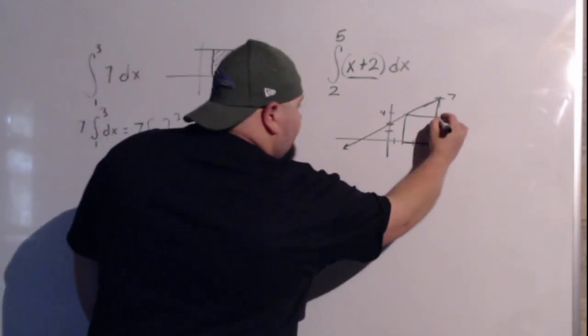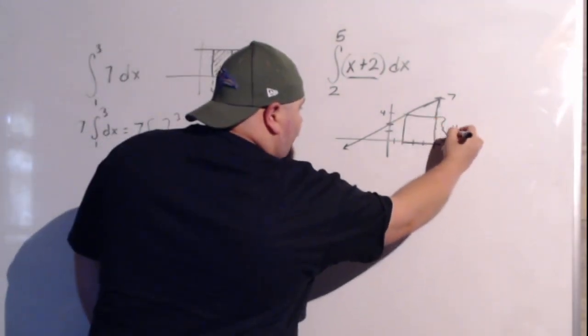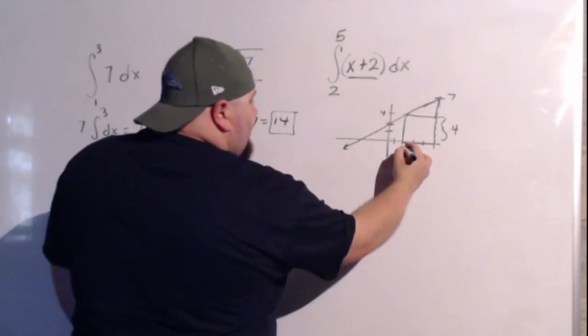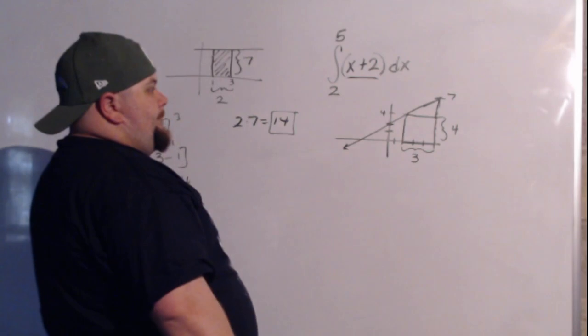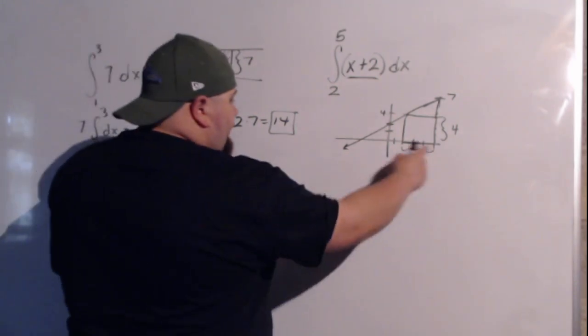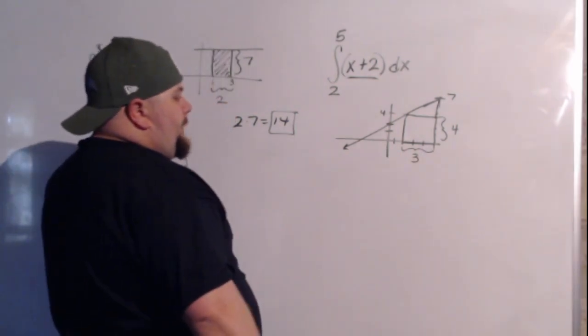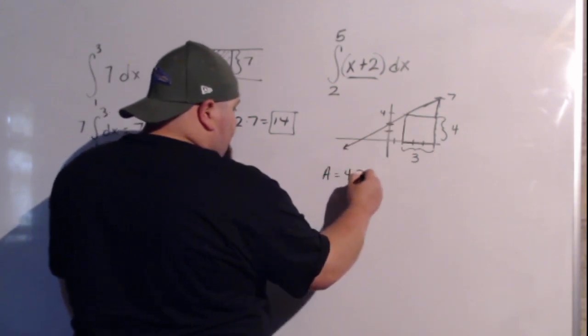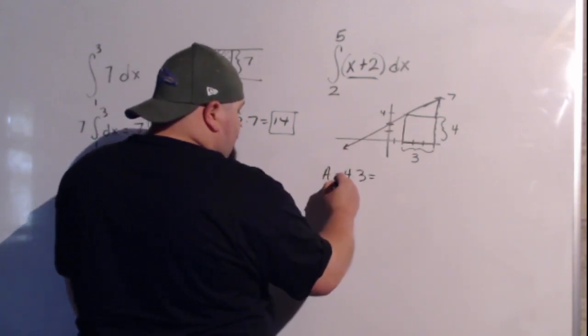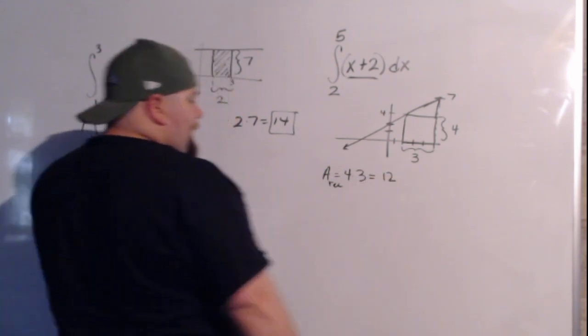So the height of this rectangle is 4, and the thickness is 3, right, because it's 5 minus 2. So for the rectangle, the area is 4 times 3, or 12.